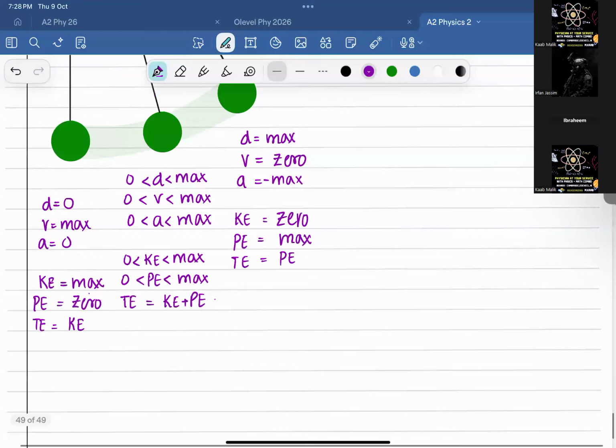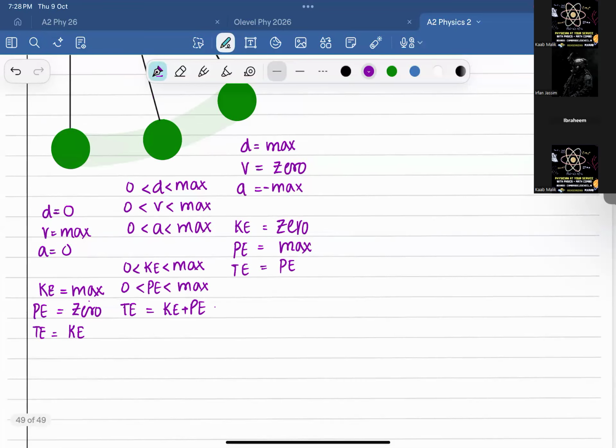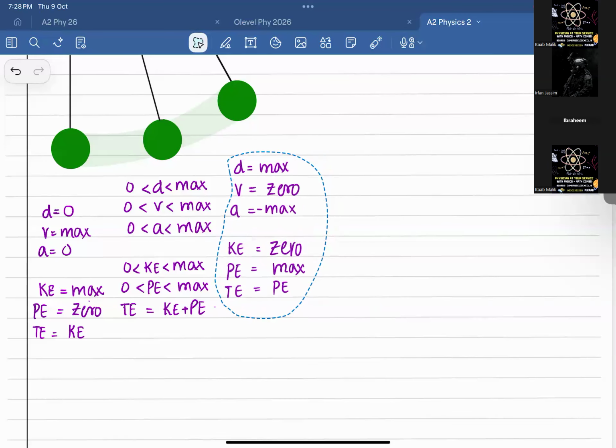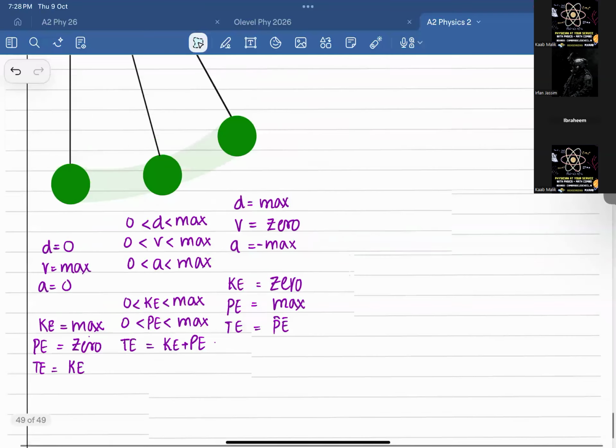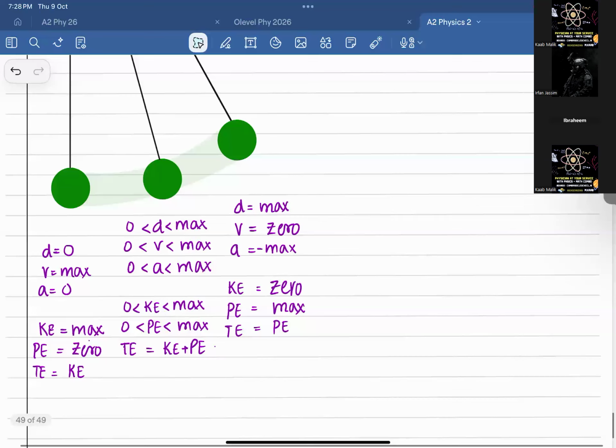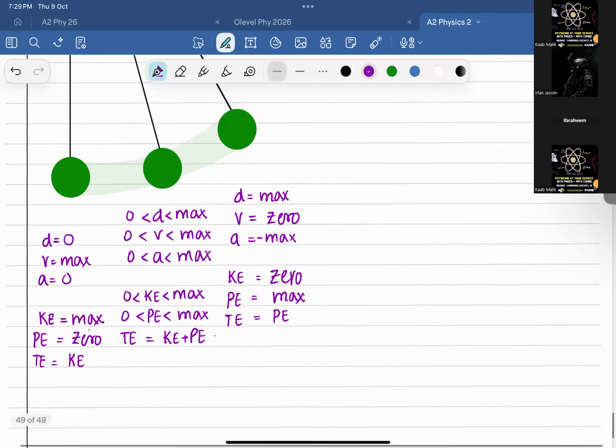So this is the conclusion of the quantities that we have in this scenario. Now, from this concept, we have to figure out the formulas for the kinetic energy, the potential energy only, and the total energy.